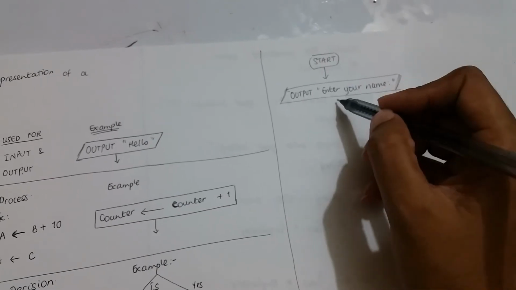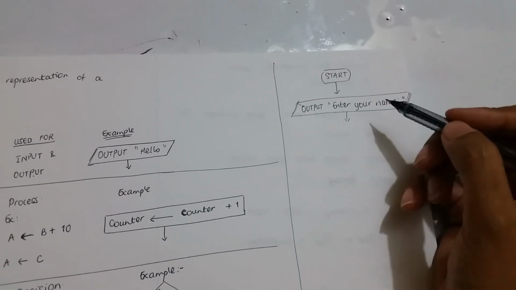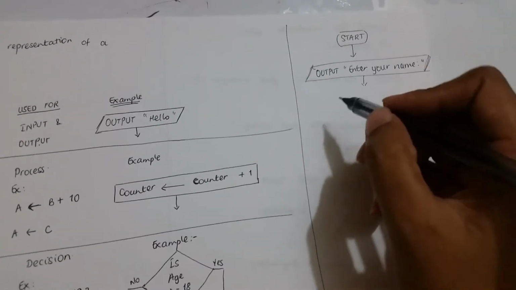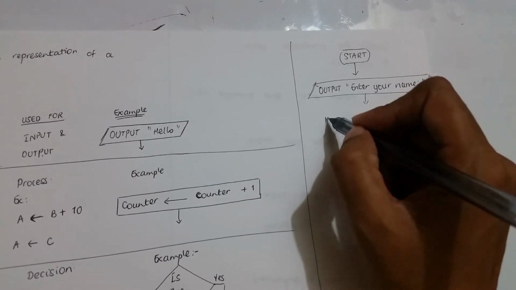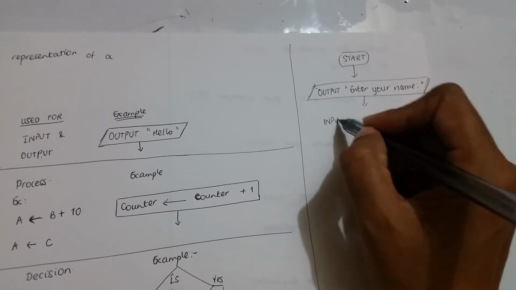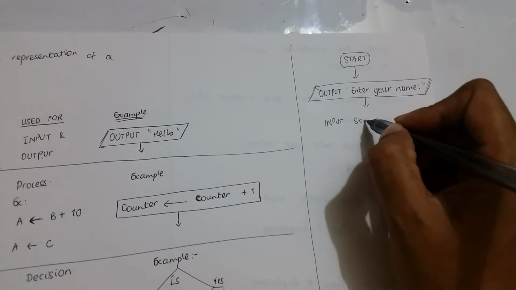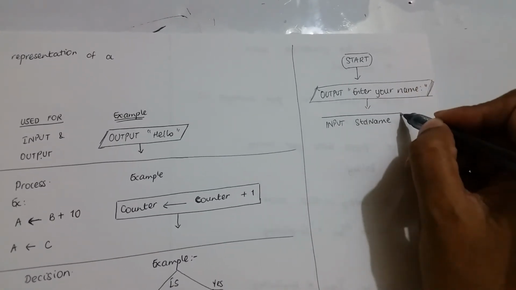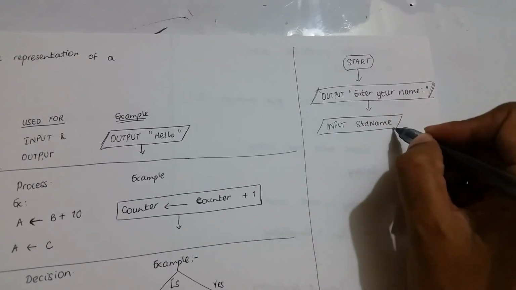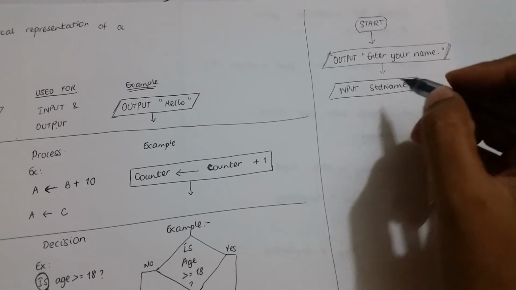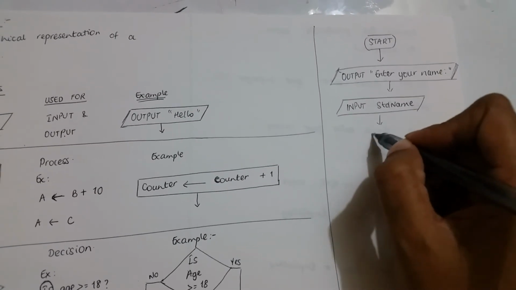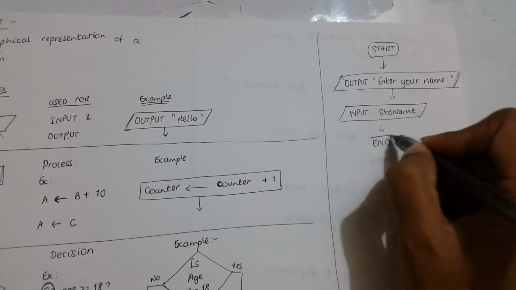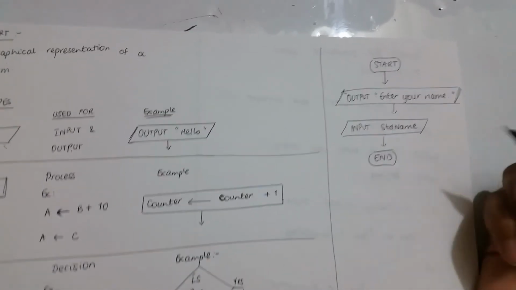The next thing, after outputting the message, I will input the answer into student name. So here I'm going to use the parallelogram. So here, this is an introduction to flowchart.